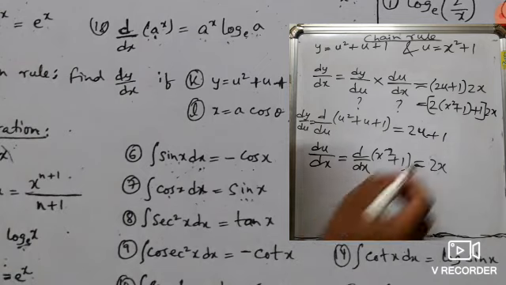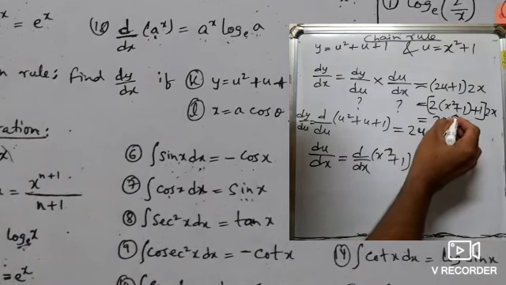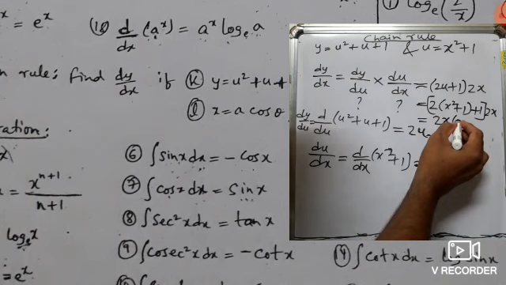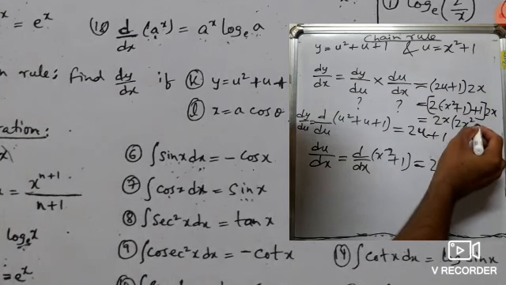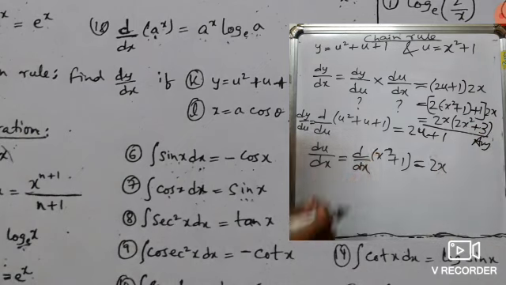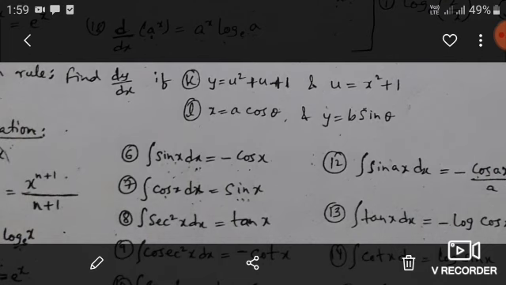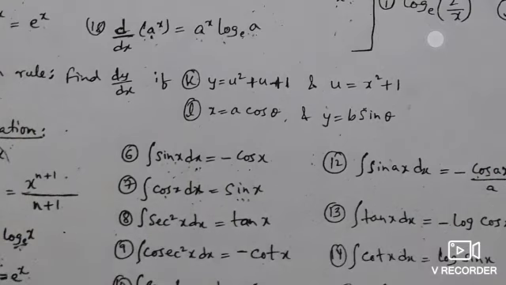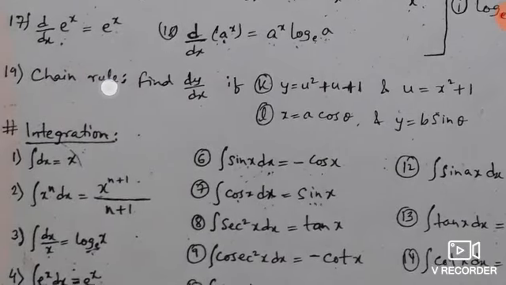If you calculate, the answer will come out as 2x into (2x square plus 2 plus 1), meaning 3. So this is the answer for the chain rule. Try to solve question number L with the help of the chain rule.